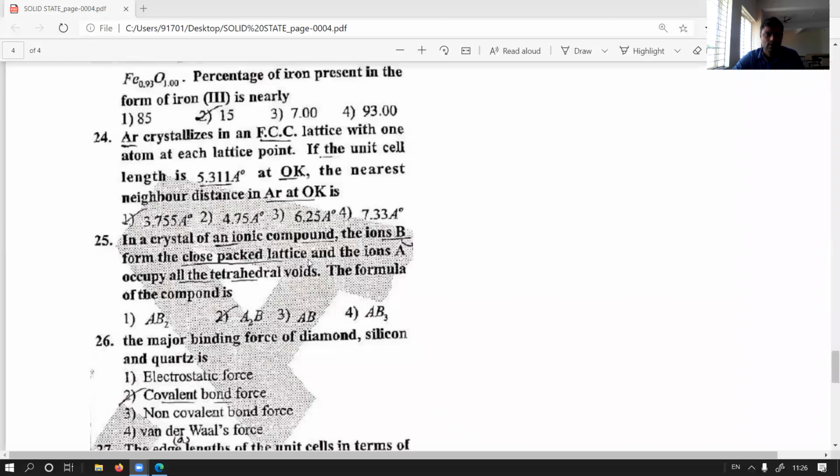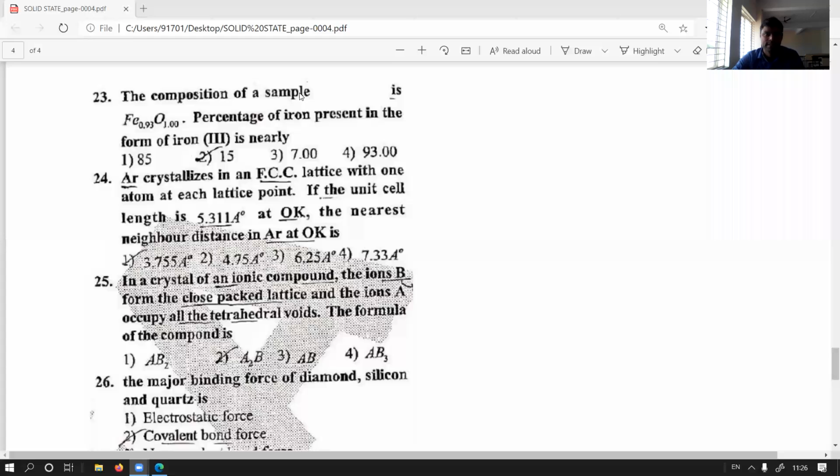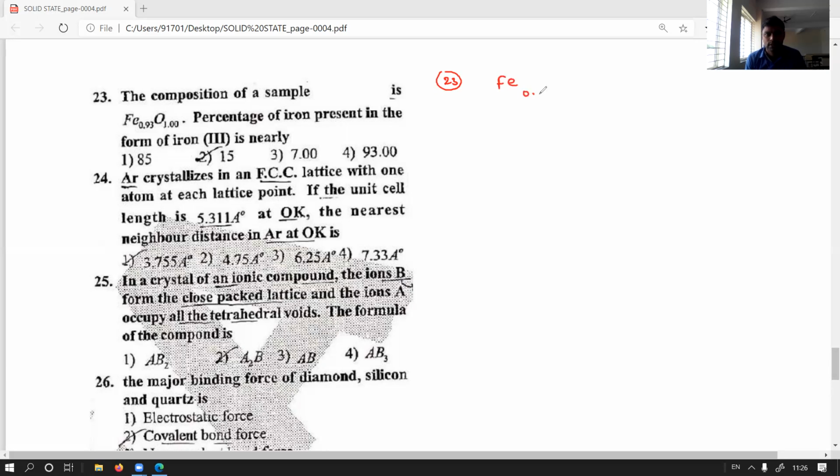23rd question. It's very easy. This type of model questions we already did in first PUC in the atomic structure chapter. So let's see the 23rd question. The given compound is Fe 0.93 O 1.00, an iron oxide.